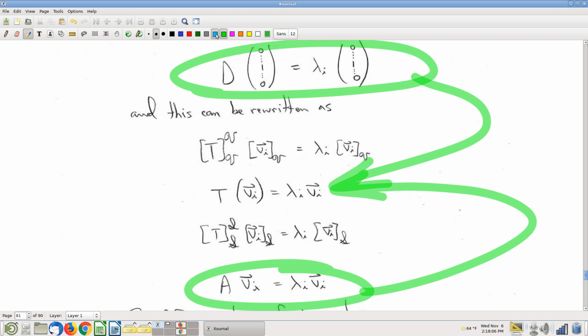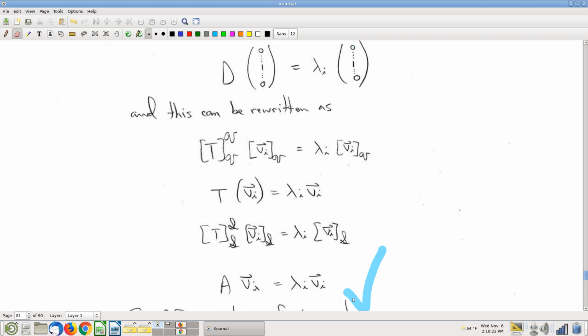So the fact that we have free eigenvectors and eigenvalues of the diagonal form means that we can conclude eigenvectors and eigenvalues of the other form. Okay. All right, so that proves the result.